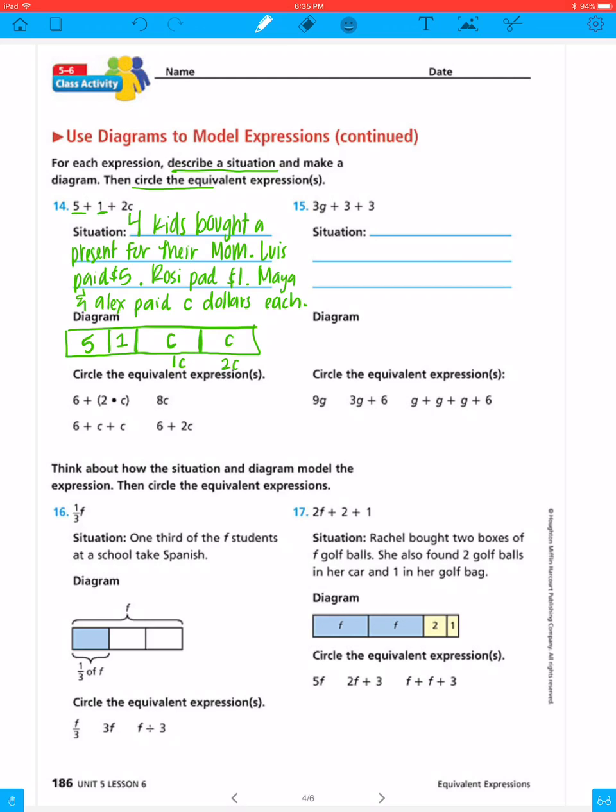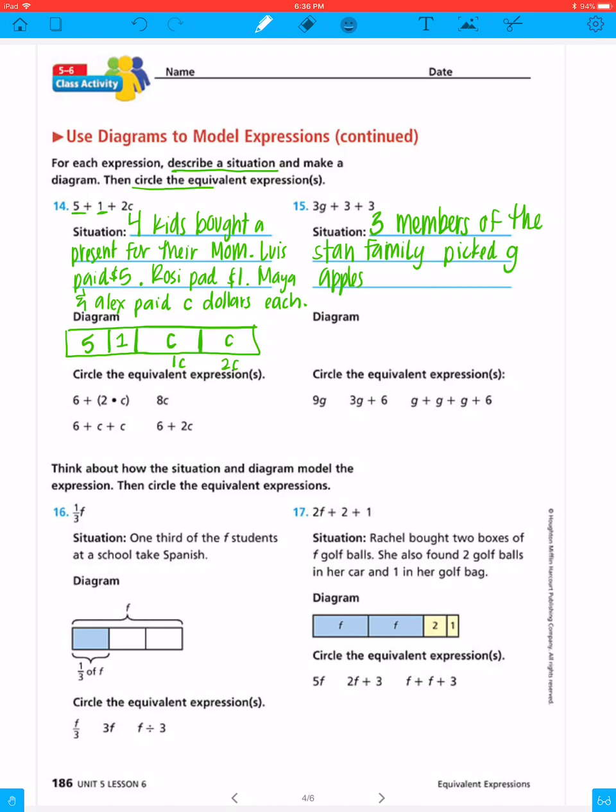Okay, so number 15, if we're looking at it all together, I have 3G plus 3 plus 3. Now they need to be members of something. So something cool would be 3 members of the Stan family, right? Maybe they're the Stan family and they are going to pick some G apples.